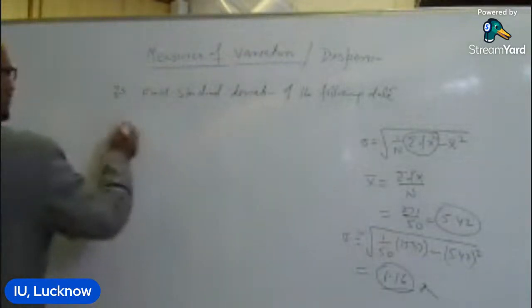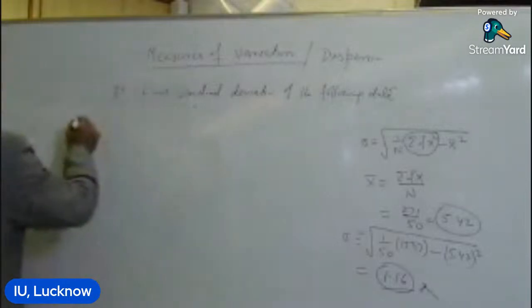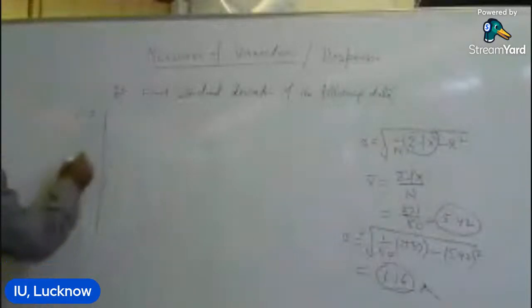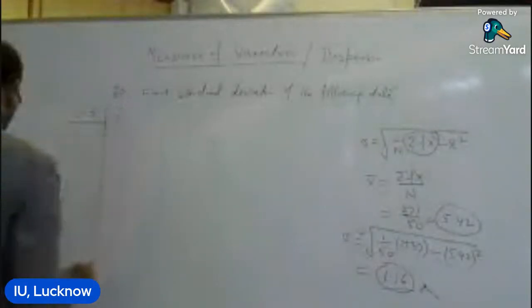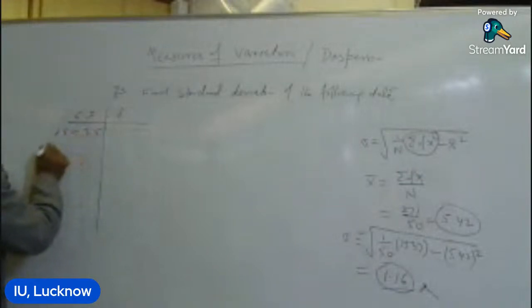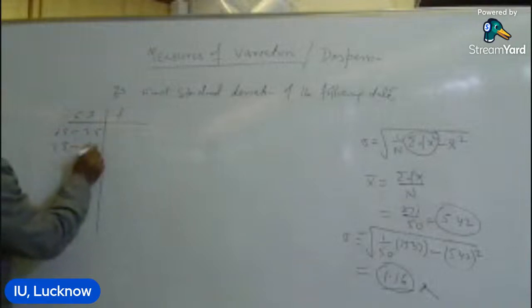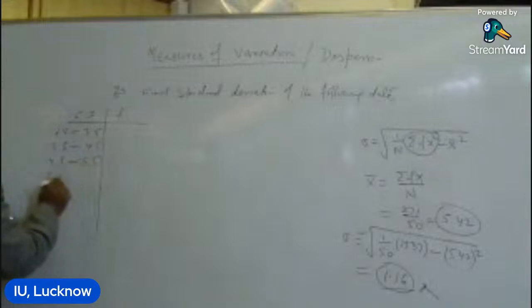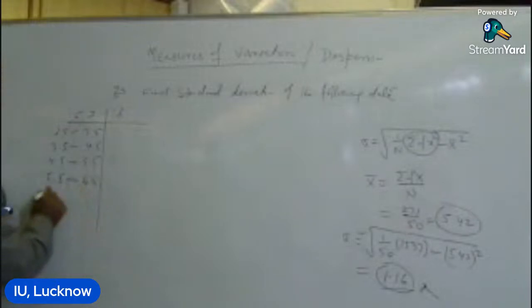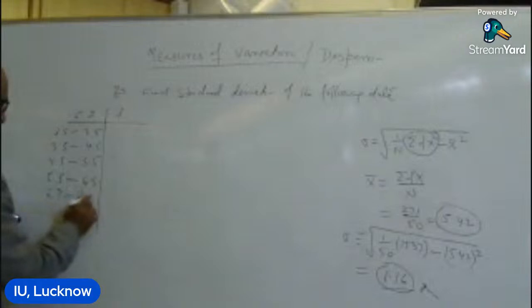Suppose we take another example, and the data is given in class intervals with their frequency. The class intervals are 2.5 to 3.5, 3.5 to 4.5, 4.5 to 5.5, 5.5 to 6.5, and 6.5 to 7.5.